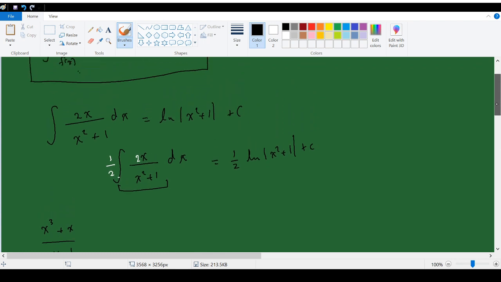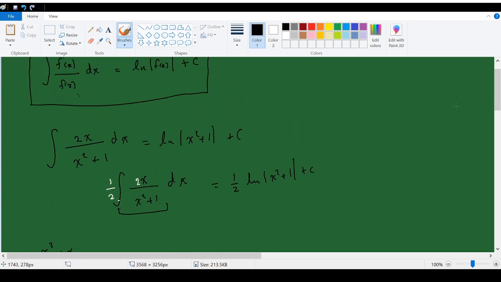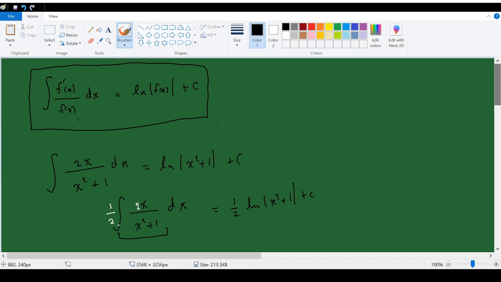The key point that you should focus on here is that in these cases we were dealing with polynomials in both numerator and denominator, but for this equation to be true, you don't have to have polynomials in the numerator and the denominator.